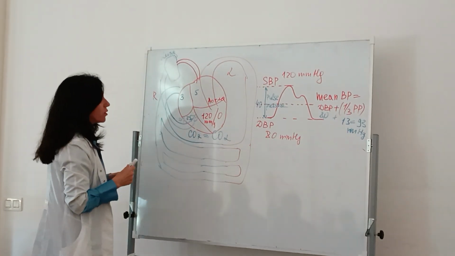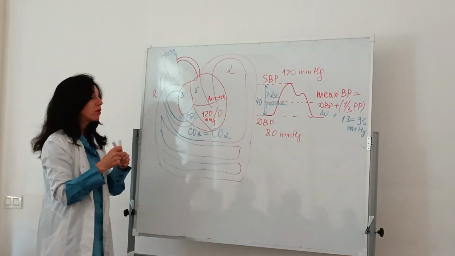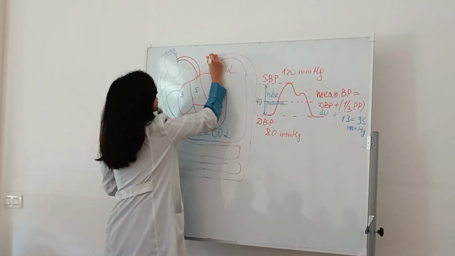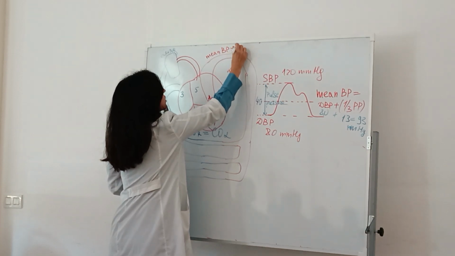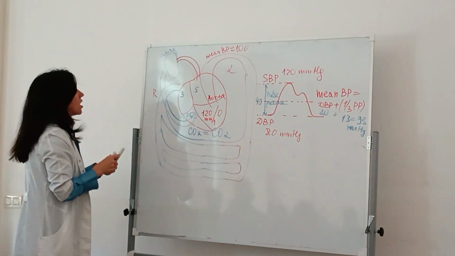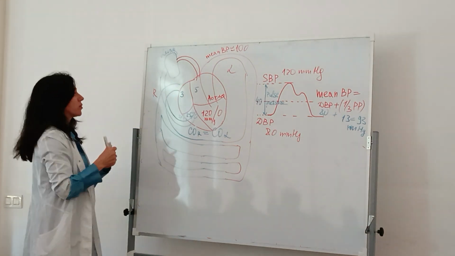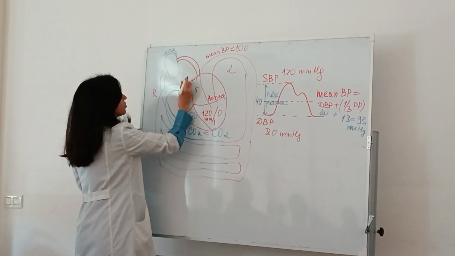So, mean blood pressure in systemic circulation: in the aorta, mean blood pressure is about 100 millimeters of mercury, and in veins it's maybe from 1 to 4.